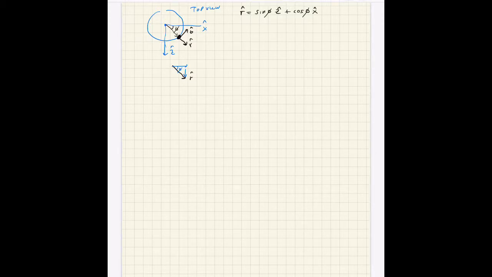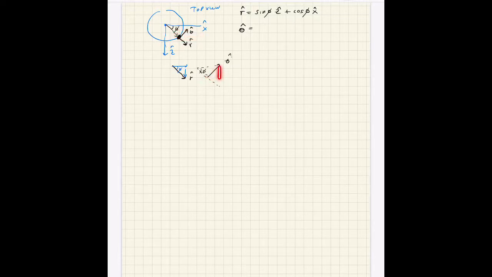And then here is theta hat, the tangential direction. The tangential direction here is perpendicular to r hat, of course. And this angle is phi. Let me look at it here. I want to find this angle because that's the one I understand. That means this is 90 minus phi, phi, 90 minus phi.